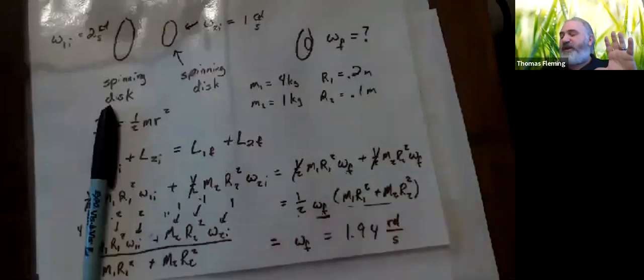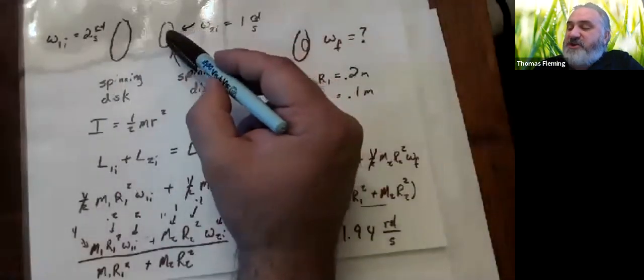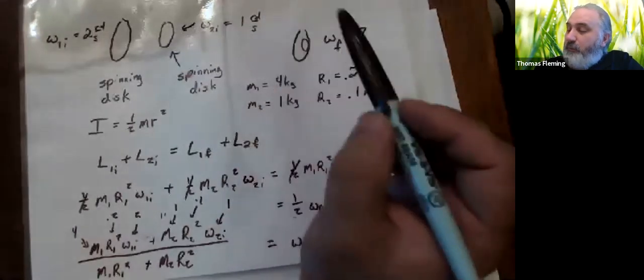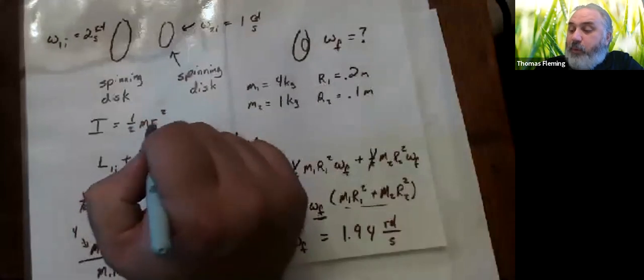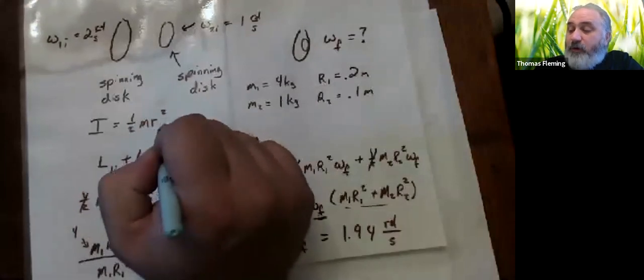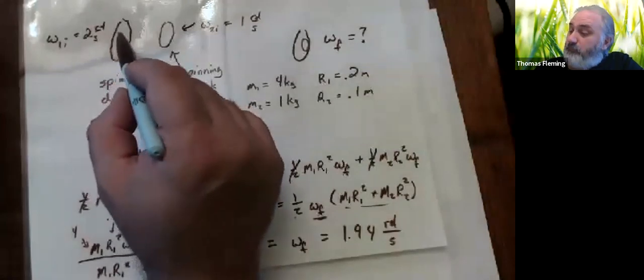So rotational inertia is a measure of how difficult it is to make a thing rotate. This guy here has a rotational inertia of 1/2 times 1 times 0.1 squared, whereas this is going to be 1/2 times 4 times 0.2 squared.